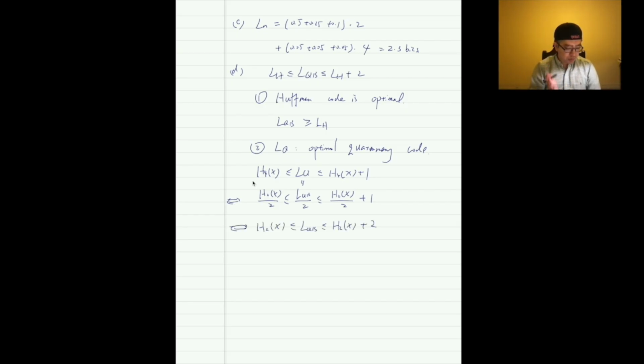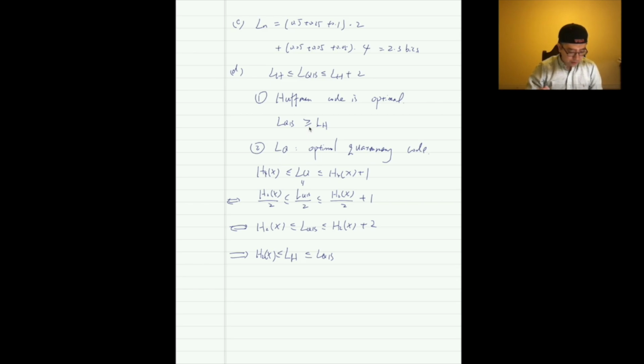Now we need to introduce the LH, right? So now we know where the LQB will sit. From here we can see that LH is bigger than or equal to the entropy, and we know LH is less than or equal to LQB, because of here.